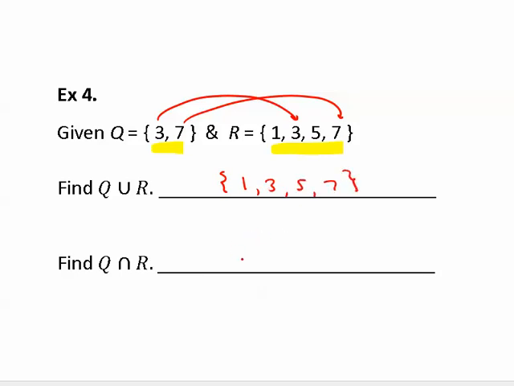And then the intersection, what value occurs in both of these sets? That's pretty simple. It's 3 and 7. So the union contained 4 elements. The intersection contains 2.